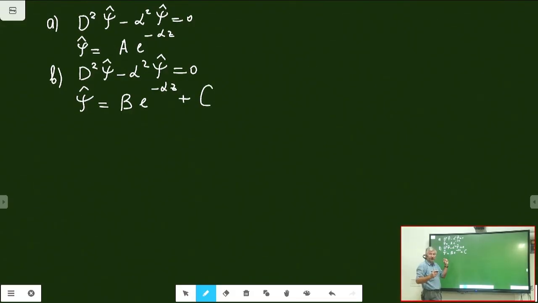That's capital C. C e to the power alpha z. So, can we say anything about these constants? Can we say that any of them has to be 0 or 1 or whatever, just by looking at that and trying to see what the conditions are at this stage?